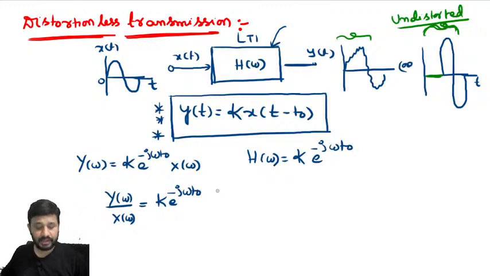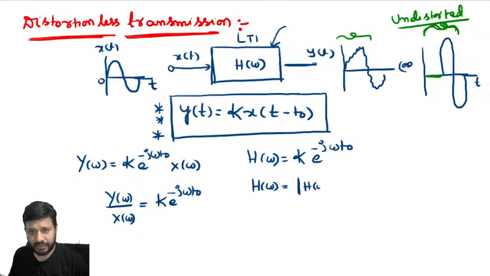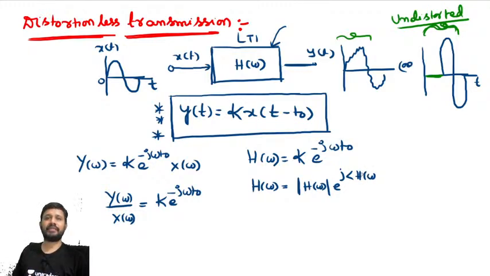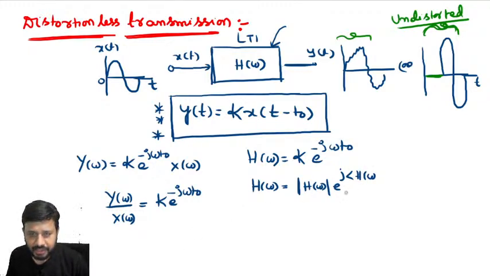And remember, in practice always we are going to apply real signals only. So for real signals, the Fourier transform can be written like this. It will have magnitude and it will have phase, right? The frequency response will have magnitude and phase.